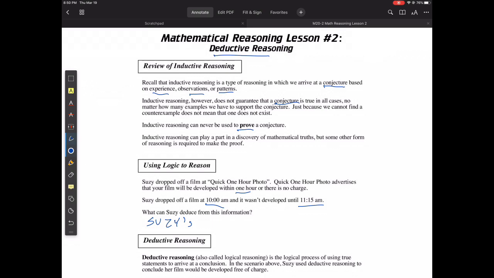Susie's film will be free of charge. They had 1 hour to develop it, they took an hour and 50 minutes to do it. It just makes sense given the situation.